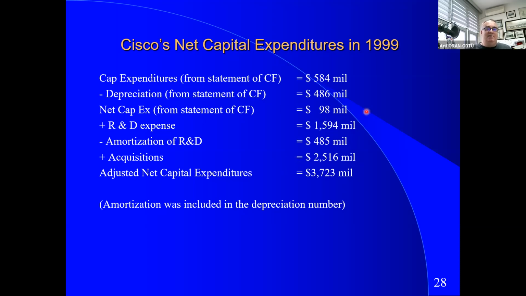And look at the difference, 98 million or 0.1 billion versus 3.7 billion, okay? So a huge, huge difference. And Cisco is growing a lot, okay? It's just not growing from this CapEx investment.